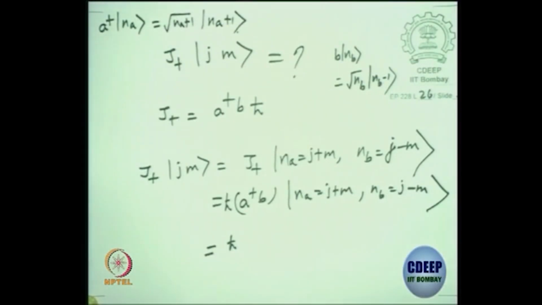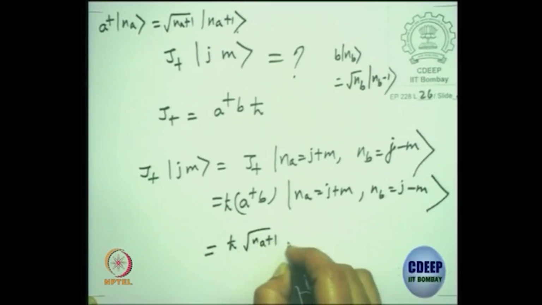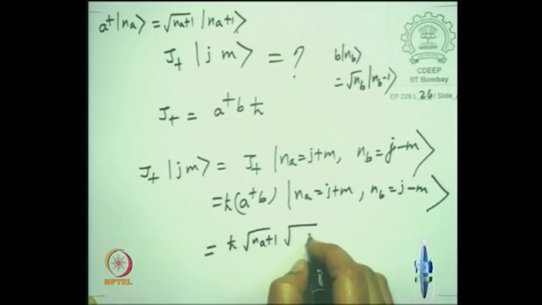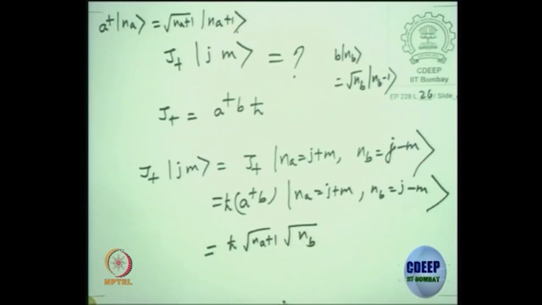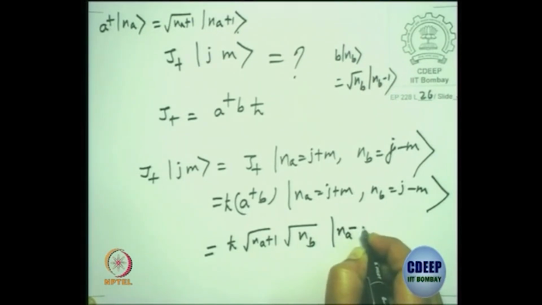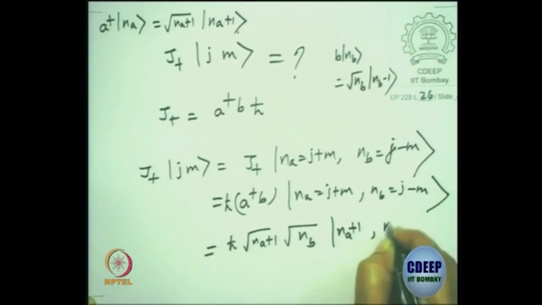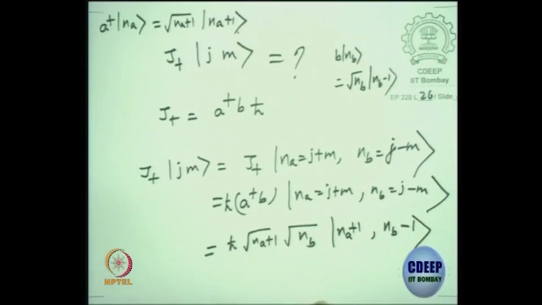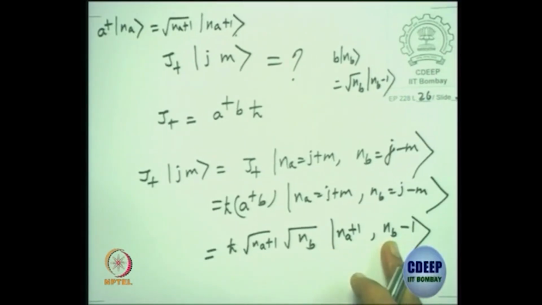Let's use that fact. What will this give us? It will be root of Na plus 1, root of Nb, on Na plus 1, Nb minus 1. Na is J plus M, Nb is J minus M. What happens to the J3 eigenvalue and the J eigenvalue? The J eigenvalue is the same, which is what you expect.